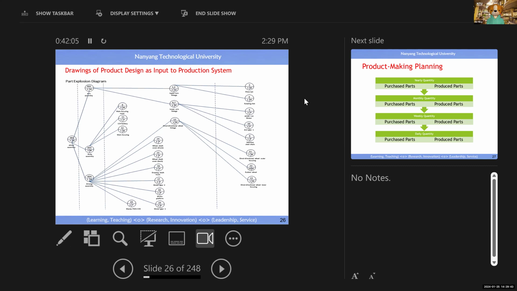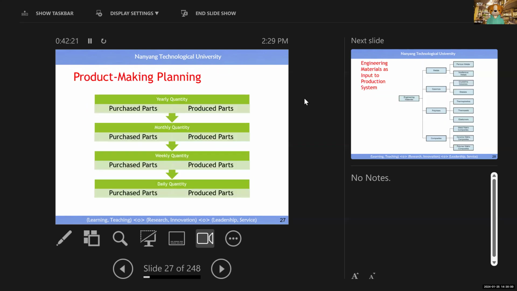All right, and the design drawing will also tell you the relationship among the key components. How are you going to put all the key components together to form a key module, key system, and final product, etc.?